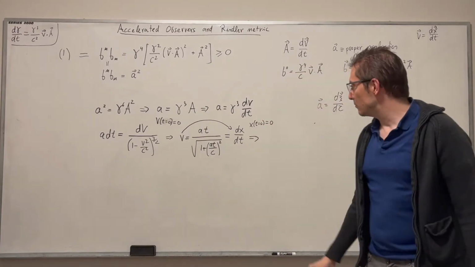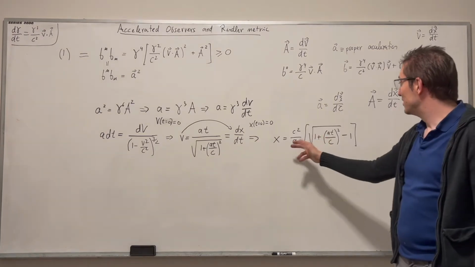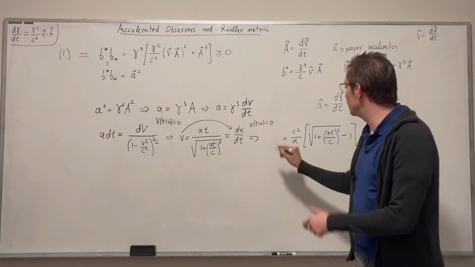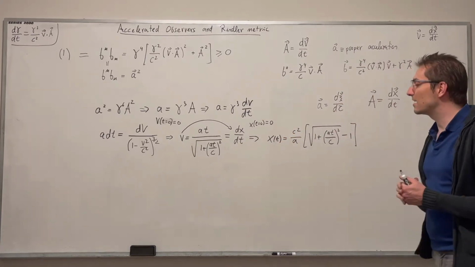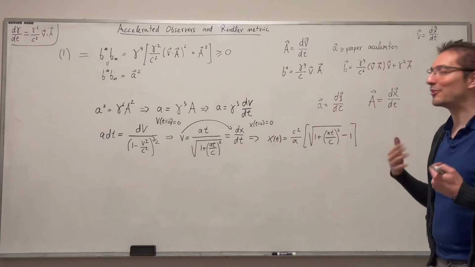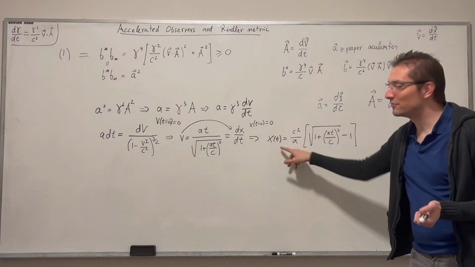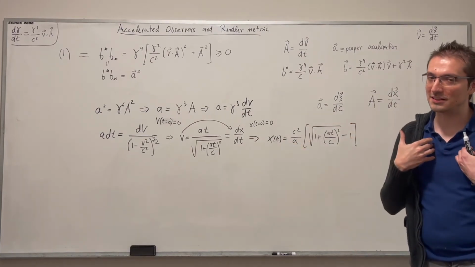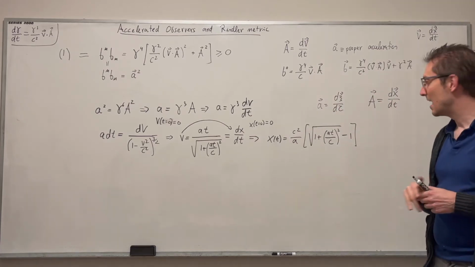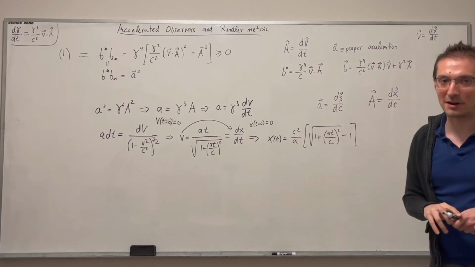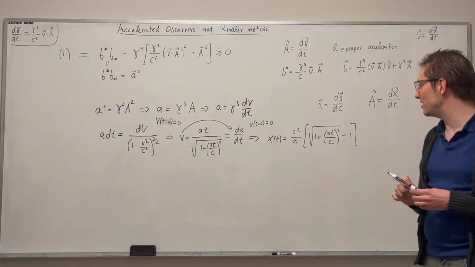If we do that, we obtain this trajectory. You can call this one x of t, if you want. This trajectory is the trajectory of the accelerated particle, x as a function of t. The trajectory is a function of the time of the frame that is observing it. Say it's an inertial frame that is observing it. And a is the constant proper acceleration. Here a is the proper acceleration.